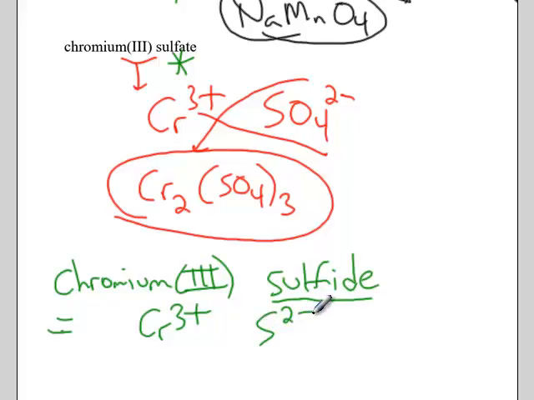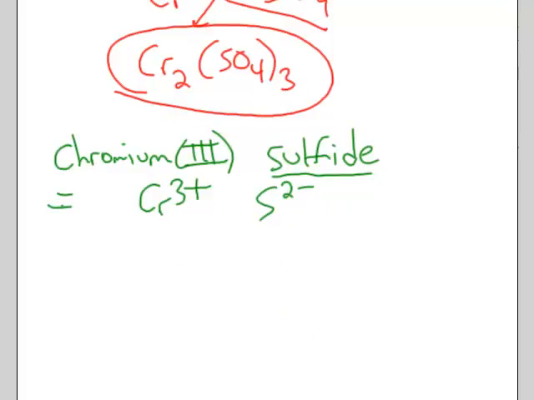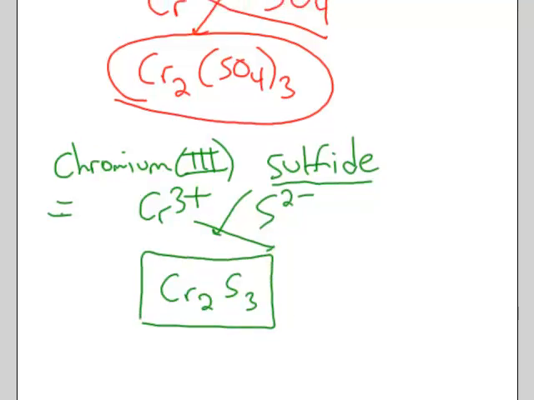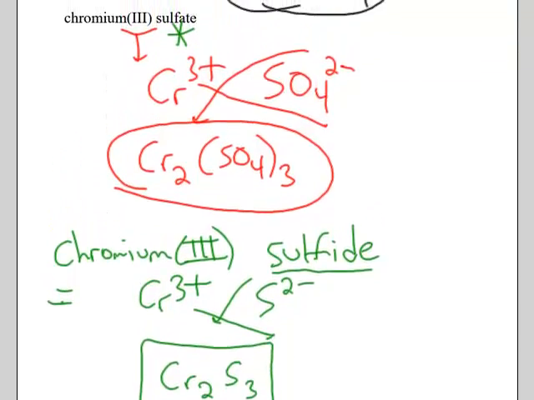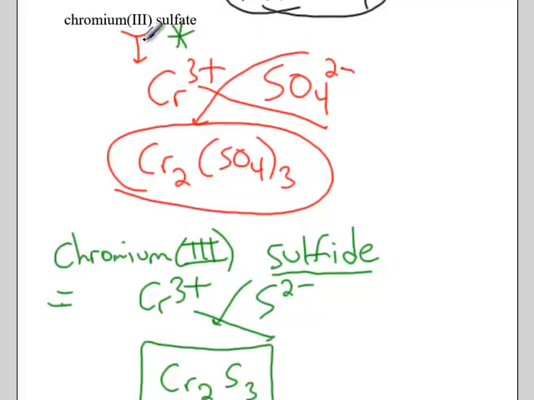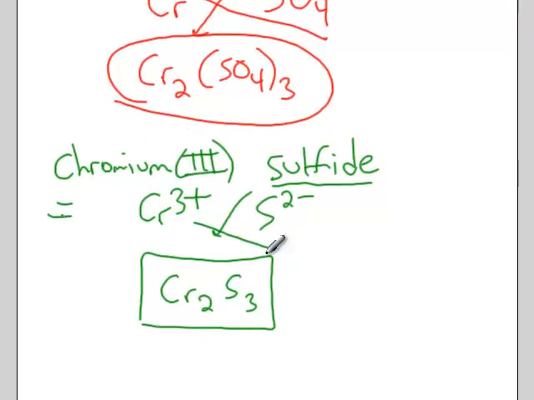Sulfide is a negative 2 charge because sulfur is found in group 16. Take the last digit 6, subtract 8, and when you do your crisscross, you get 2 chromiums for 3 sulfurs. So very similar names, but notice 2 different chemicals, so they have to have 2 different names. Chromium 3 sulfate versus chromium 3 sulfide.